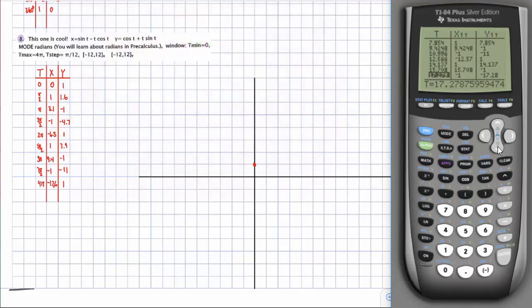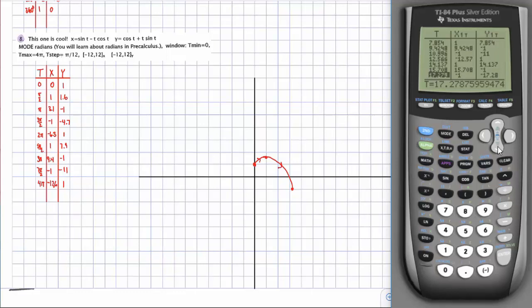So we got 0, 1, and 1, 1.6. Then 3.1, negative 1. And remember, as you're doing this, you know it's a curve. You know what direction it's going. I'll just start it, but we'll finish it later.